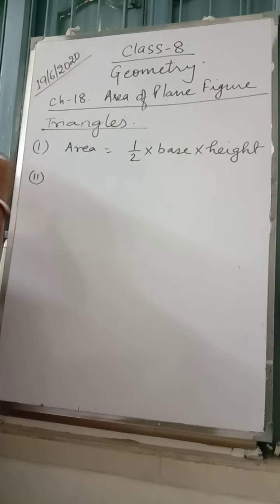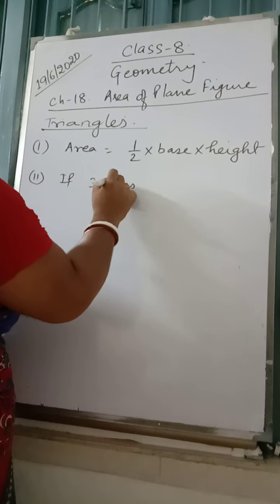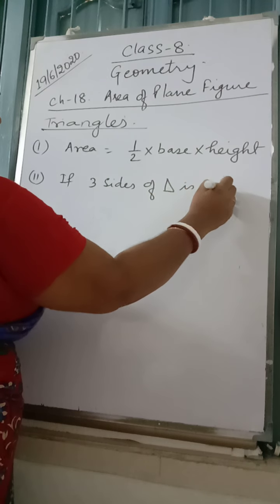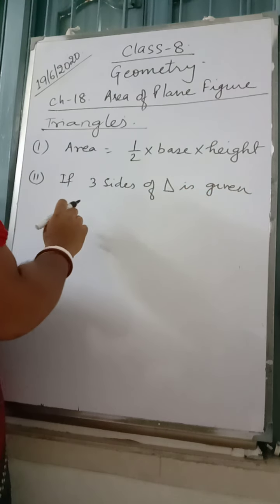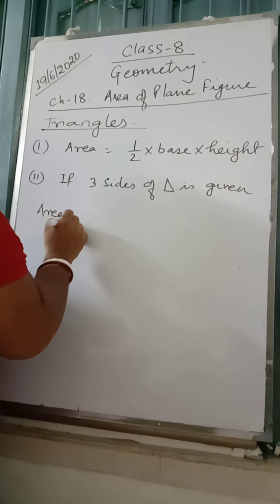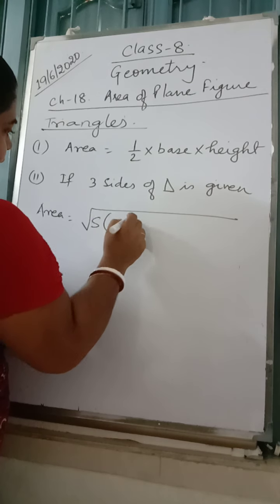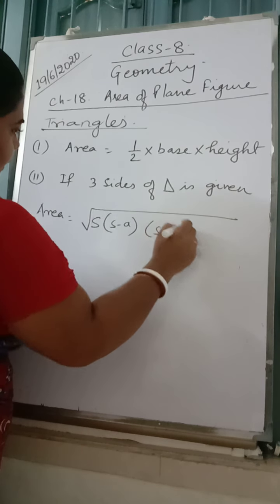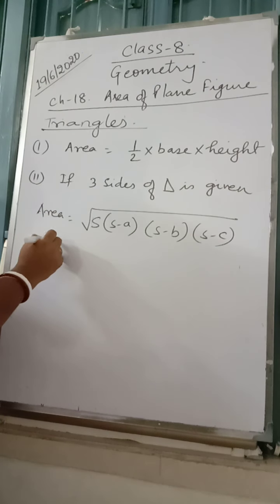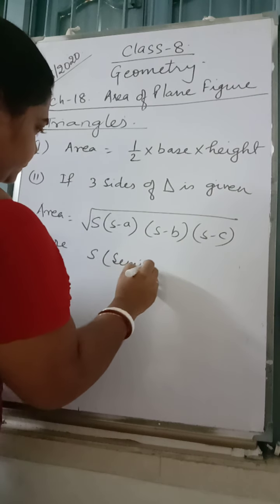Second is if three sides of the triangle are given, then area is under root s into s minus a, s minus b and s minus c, where s is the semi-perimeter.